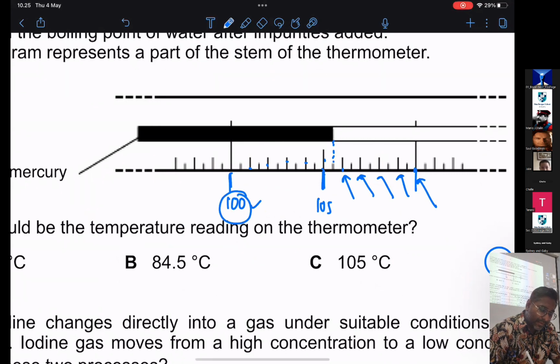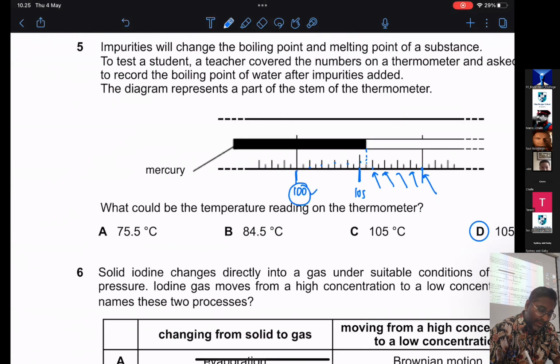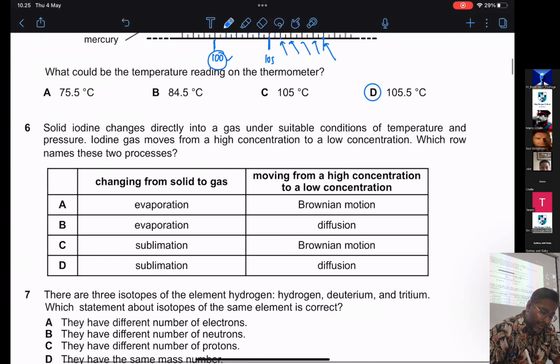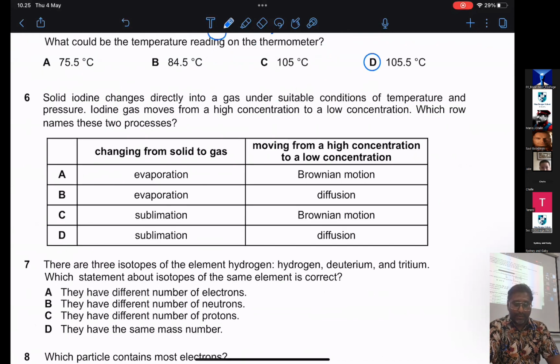This should be 106, 7, 8, 9, 110. So it ends over here, and it should be 105.5. I hope this is clear. So 105.5.